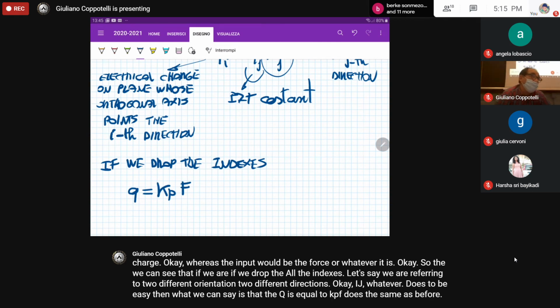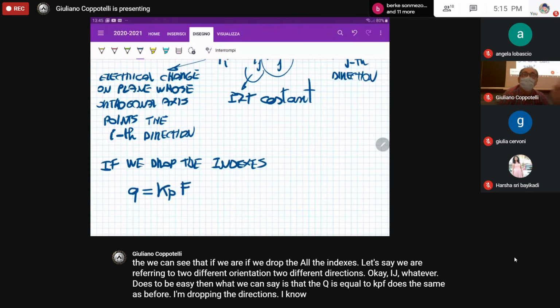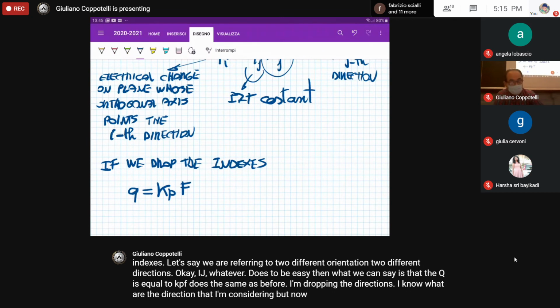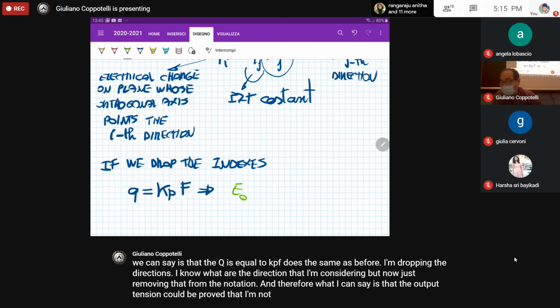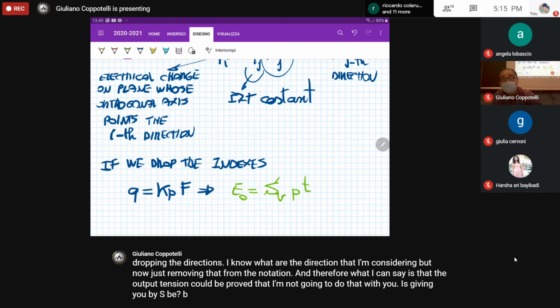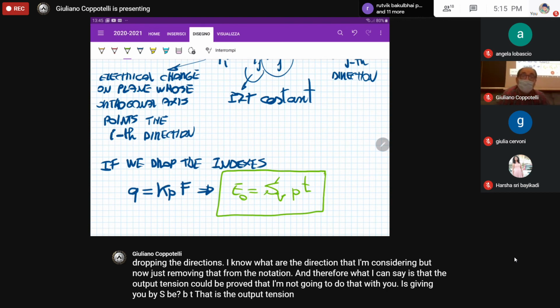I'm dropping the directions. I know what are the directions that I'm considering, but now just removing that from the notation. And therefore, what I can say is that the output tension, it could be proved that, I'm not going to do that with you, is given by S_V P t. That is the output tension, the one that I'm going to measure.